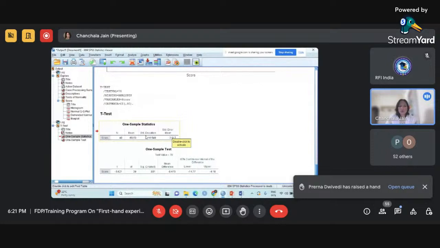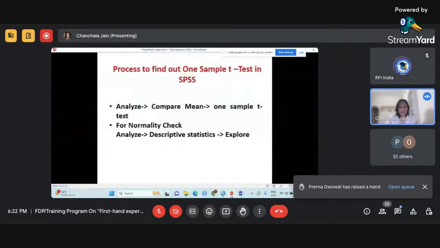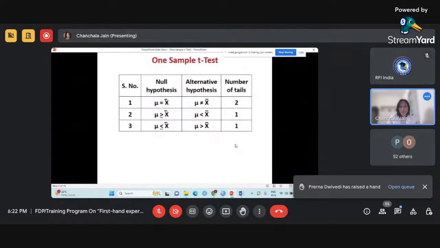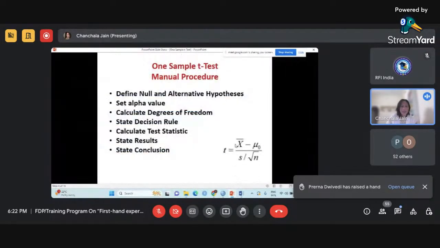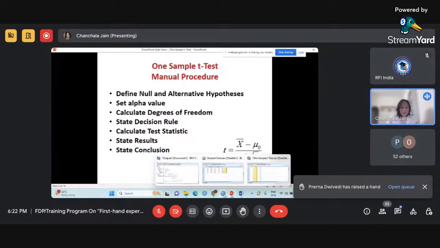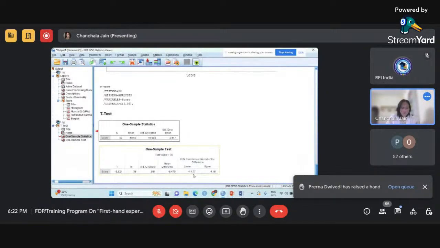I will show you the formula in the slides. Visible, right? Here you can see this term is known as the standard error of mean: S divided by root n, or sigma divided by root n. To get the precise value of this, we generally perform bootstrapping, right?